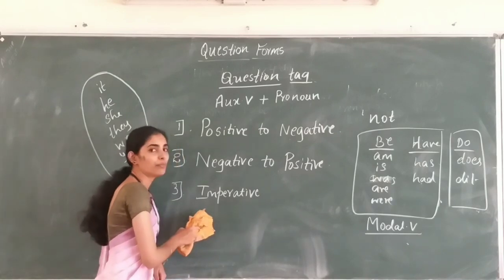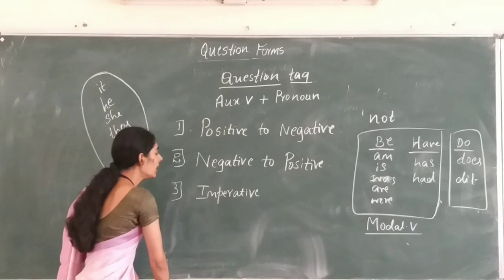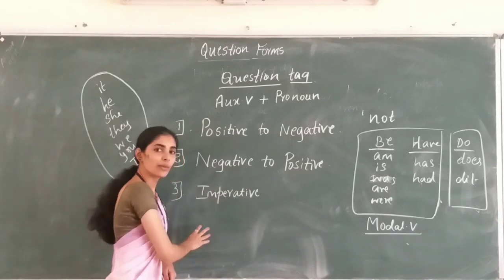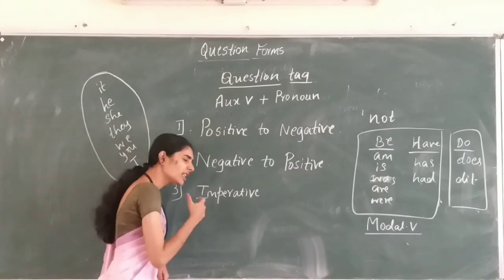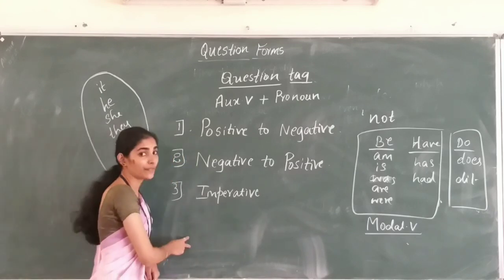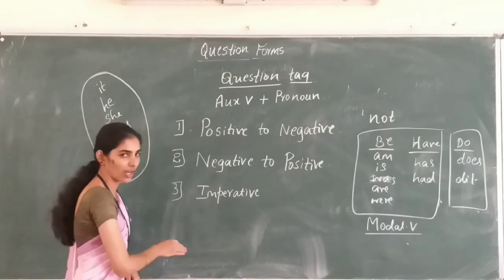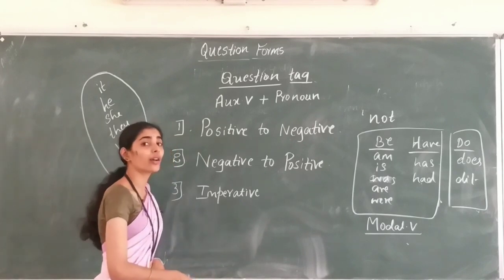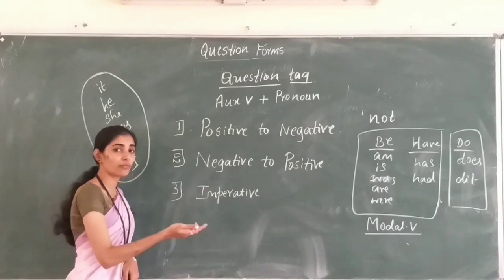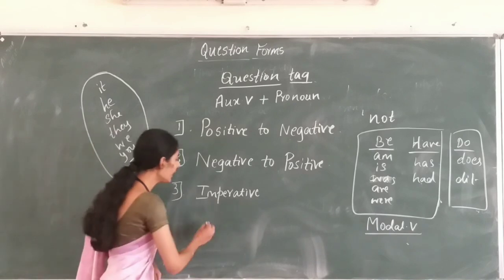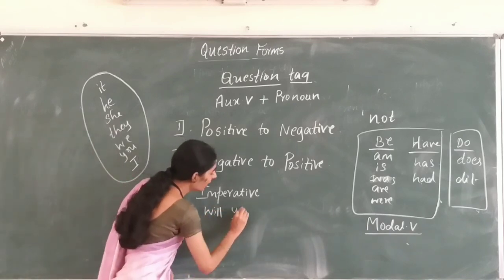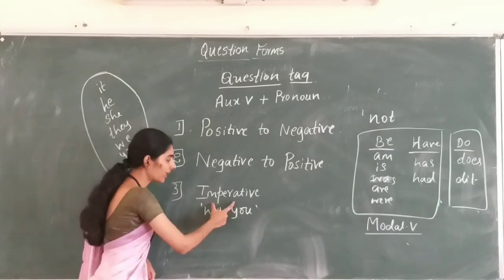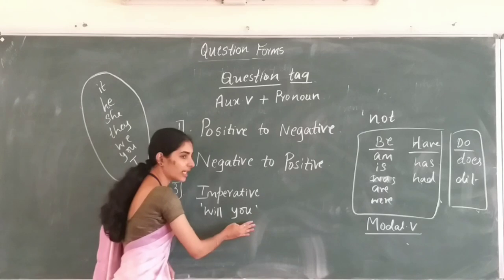Now the last one, imperative. Here both the statement as well as the tag are usually positive, but in some contexts it becomes negative too, though I don't think that is necessary for you now. Remember, whenever we talk about a command or order, when we are ordering or commanding someone, the tag is will you. I'll discuss that later; this is just the introduction.